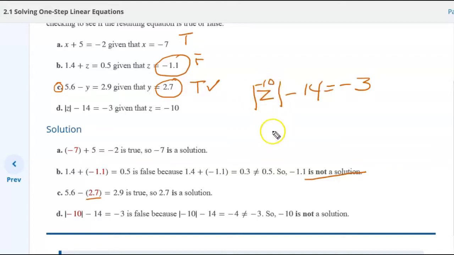Always the positive. So this will be 10 minus 14. Does that equal a negative 3? Well, this is a negative 4, and that's a negative 3, so it does not equal. So it is not a solution. All right, that's example 1.